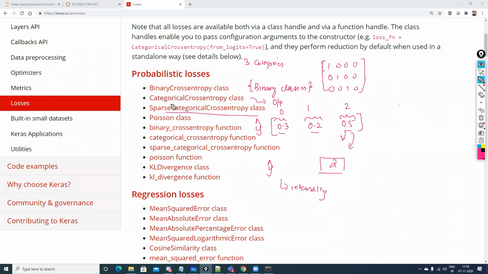Suppose you use a loss function as sparse categorical cross entropy, then when you do a prediction, the y hat will be the index of the highest probability value.